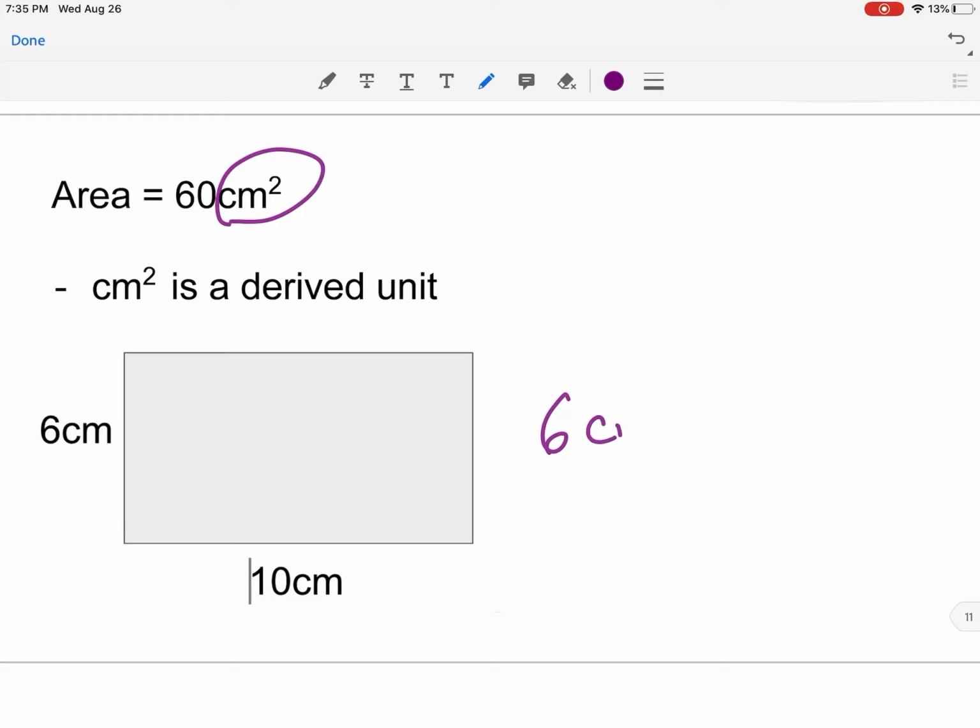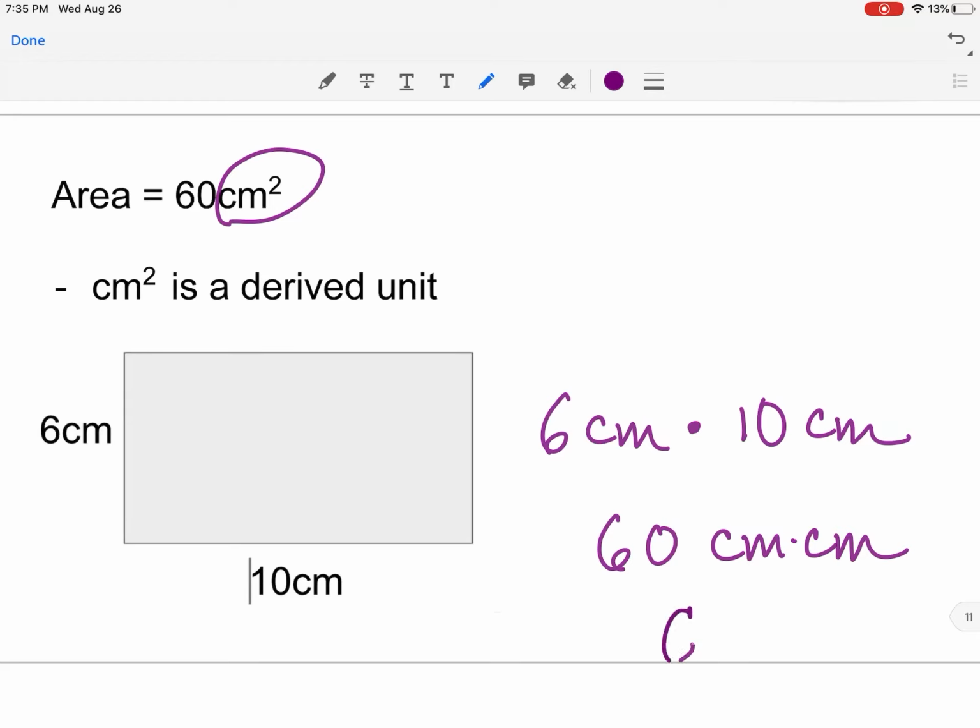Because we took 6 centimeters and we multiplied it by 10 centimeters. 6 times 10 is 60. And then centimeters times centimeters is centimeters squared, right? Just like x times x would be x squared. So centimeter squared is a derived unit because we got it by multiplying two other units, in this case a centimeter and a centimeter.